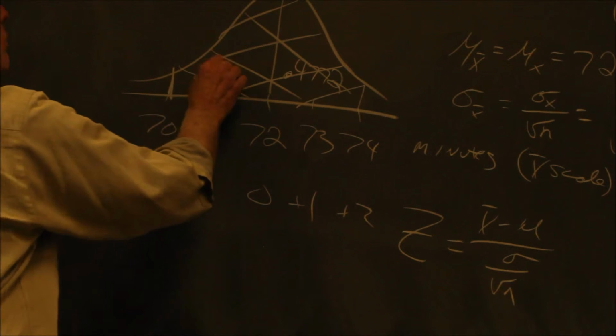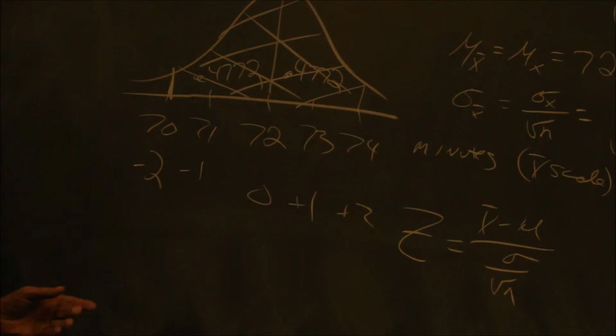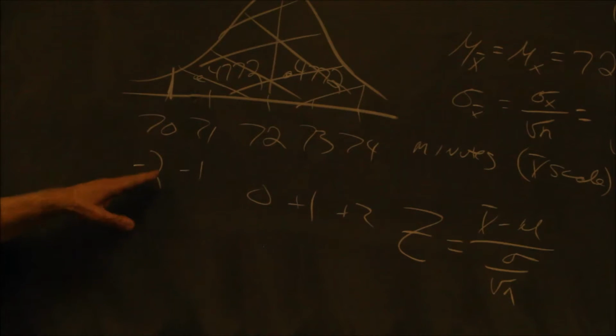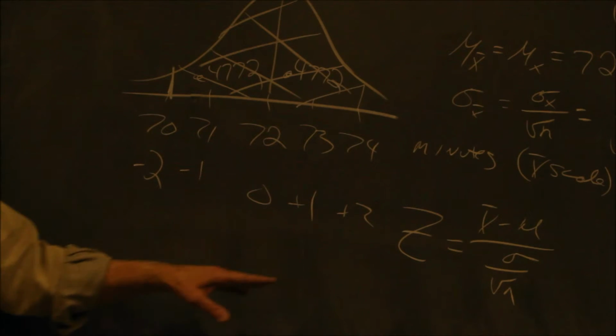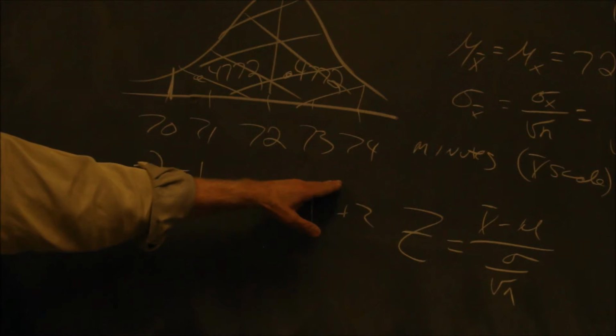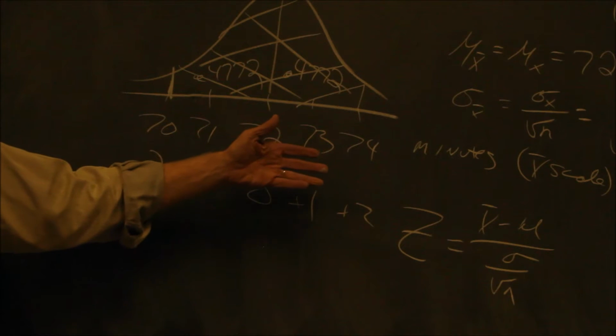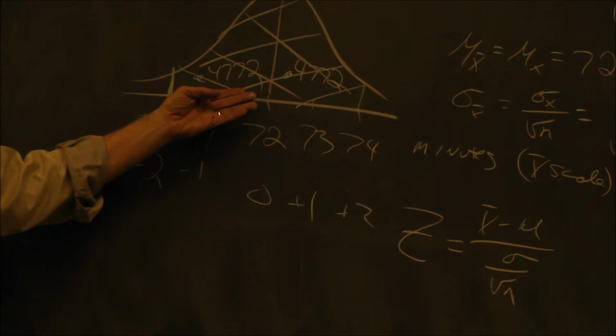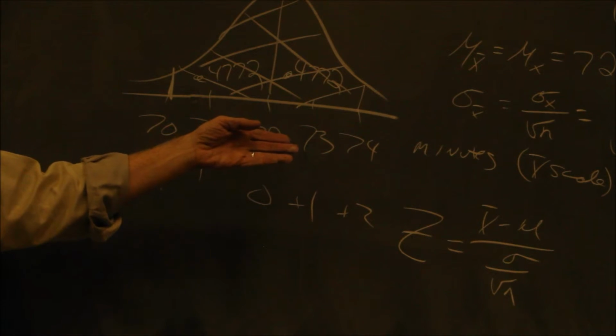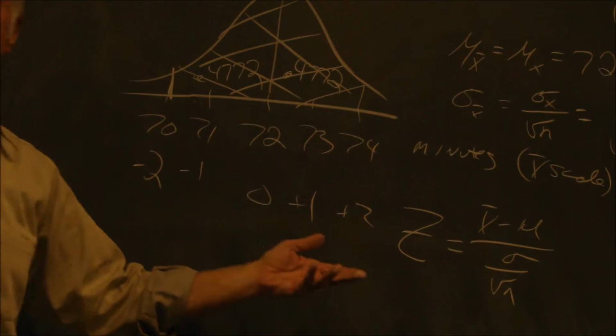And so if one were to ask what percentage is between minus 2 and plus 2 on the Z scale, which is the same thing as between 70 and 74, what's the area under the curve? It's 0.9544. I think it's 0.9544. Did anybody get that?